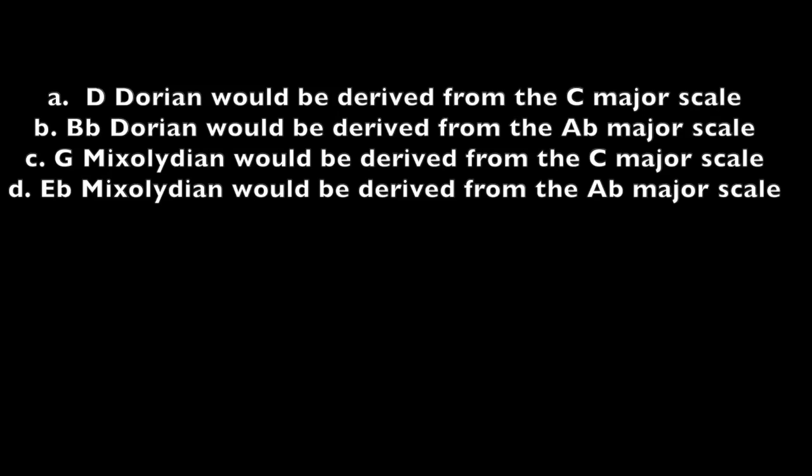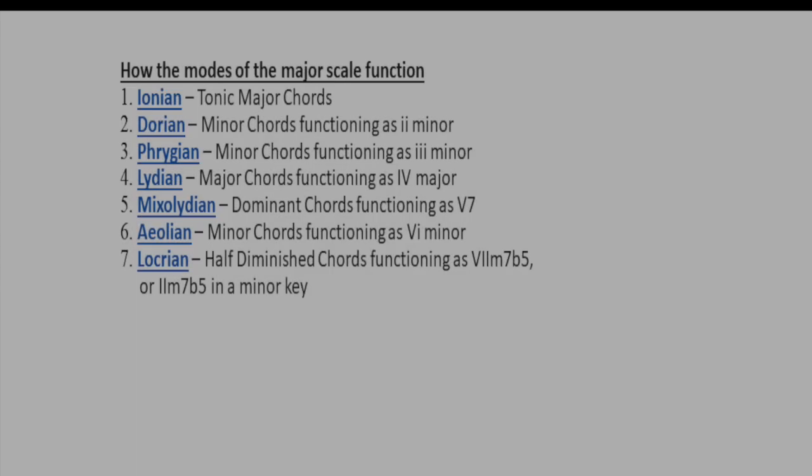G Mixolydian would be derived from the C major scale, which is G, A, B, C, D, E, F, G, but E-flat Mixolydian would be derived from the A-flat major scale, which is spelled E-flat, F, G, A-flat, B-flat, C, D-flat, and E-flat.